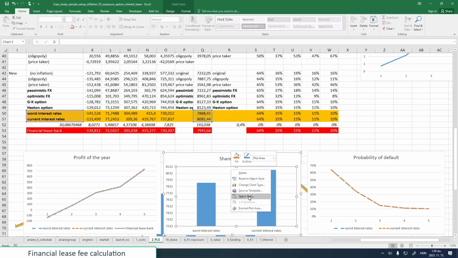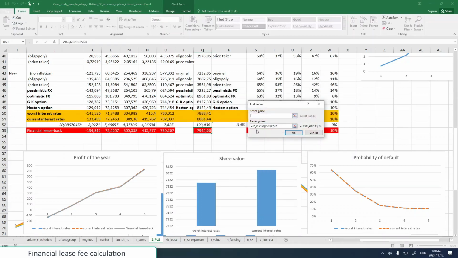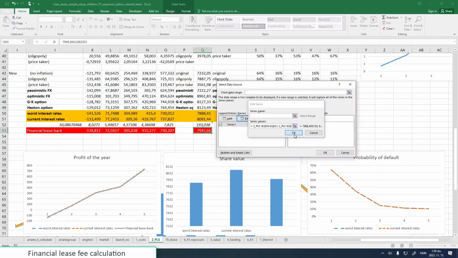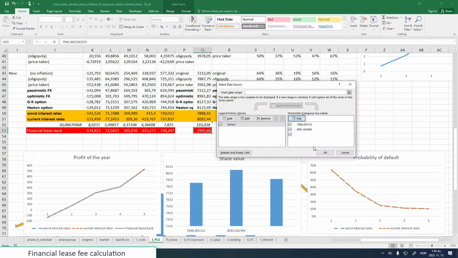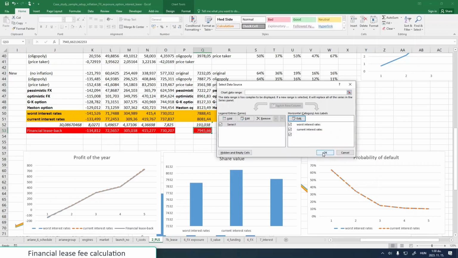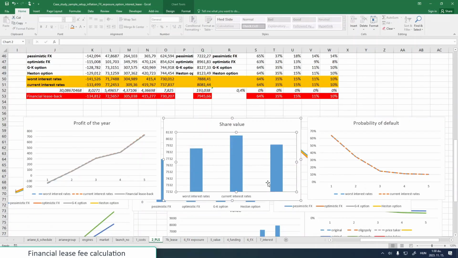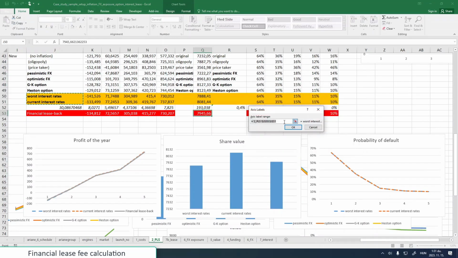Also, in the case of share value, we can add also, edit. Don't you need names? No, cancel. Why are you not visible? Okay, select data, edit.